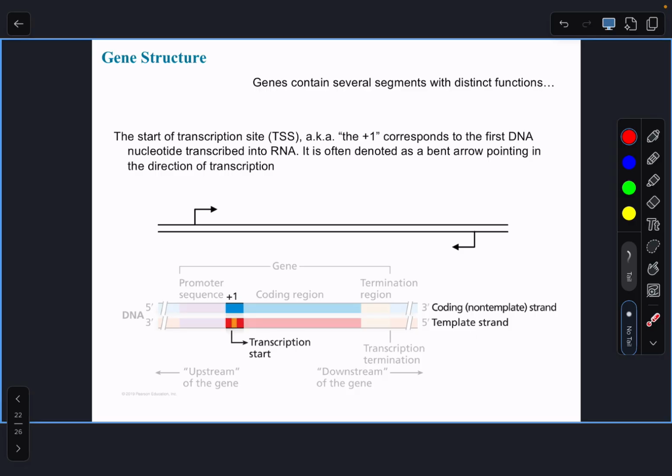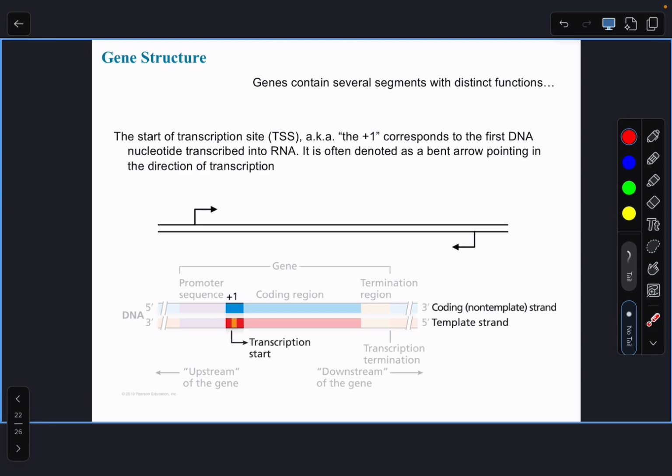It may be tempting to think that the template strand for one gene is the template strand for all genes in a given DNA molecule. And that's not true. What the template strand is and what the coding strand is dictated by where transcription begins and in which direction it goes.